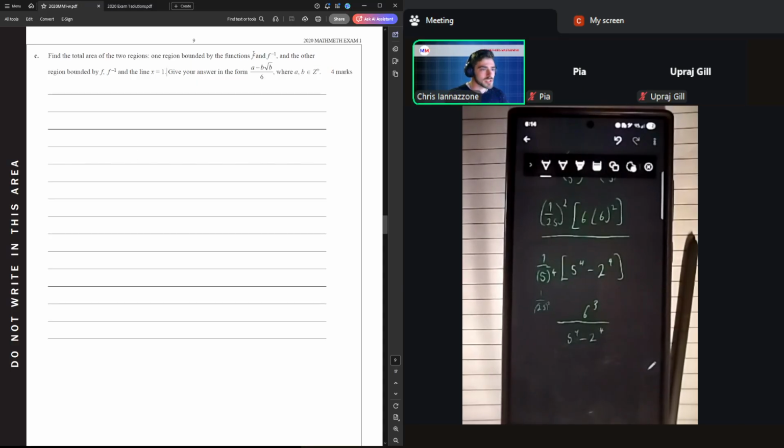Total area of regions bound by two separate curves. Fairly standard question.